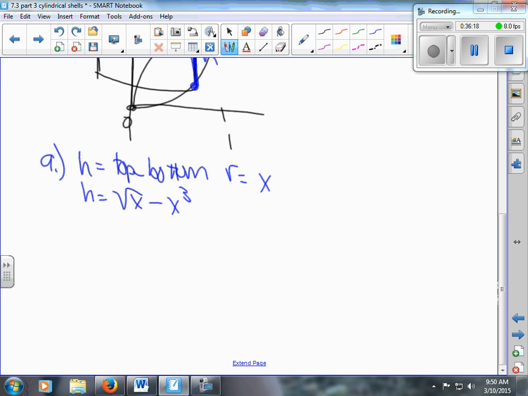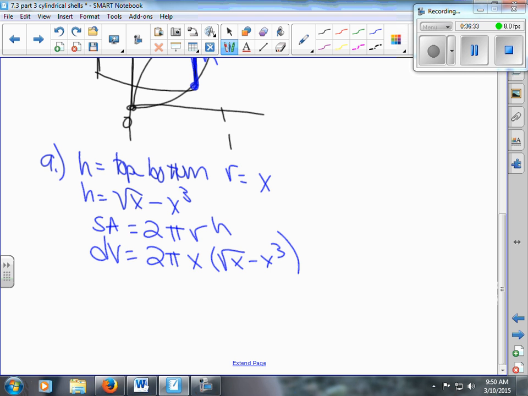And so the surface area of my cylindrical shell is 2 pi RH. And so if I multiply that by dx, I get volume.